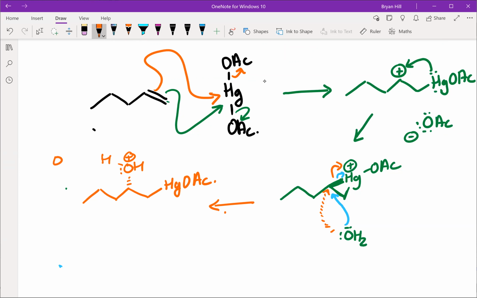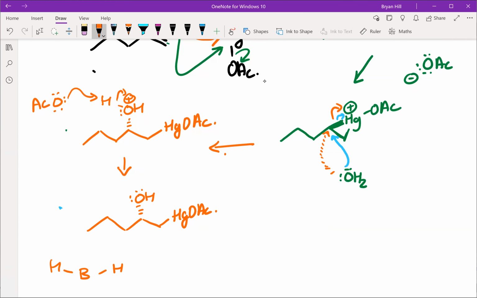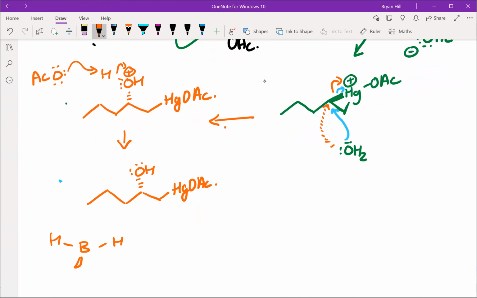Next, the acetate minus is going to come in and attack there, grab that proton, so it'll be deprotonated. OH. And then the last step would be sodium borohydride is going to come in and reduce this.